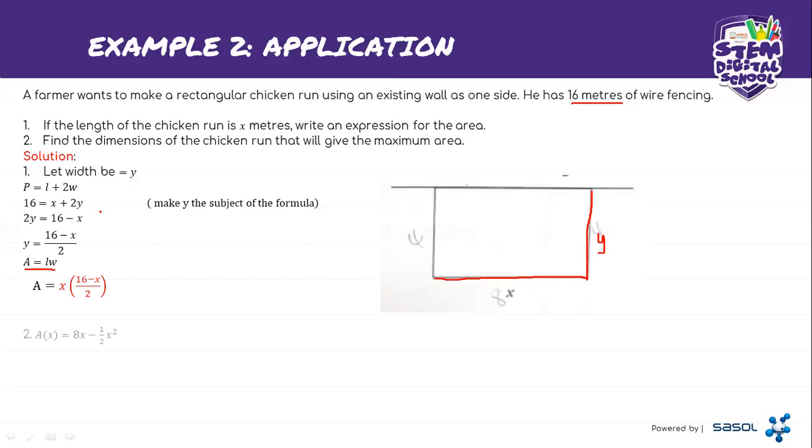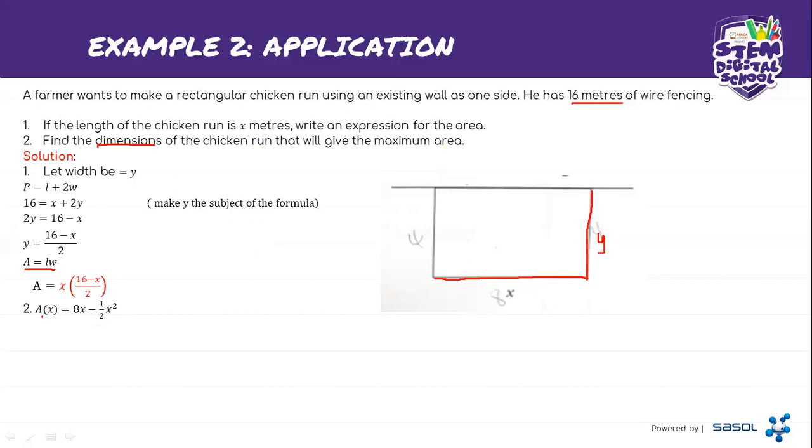And then the second question, it says find the dimension. Now we are looking for the dimension of the chicken run that will give the maximum area. Remember, I said when you come across the word maxima, you must know that we have to start deriving. Then we're going to use the rule of the derivative to determine the value of x in this case.